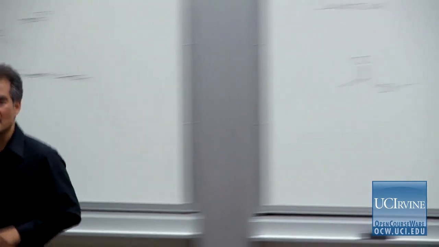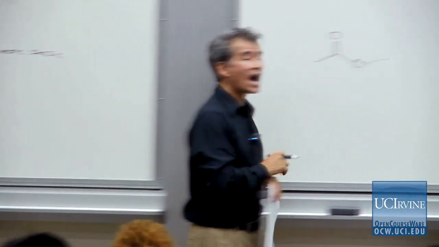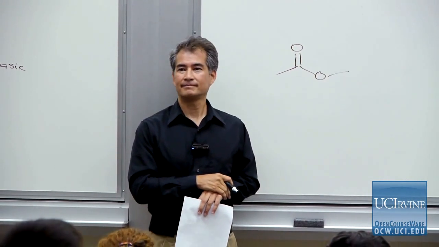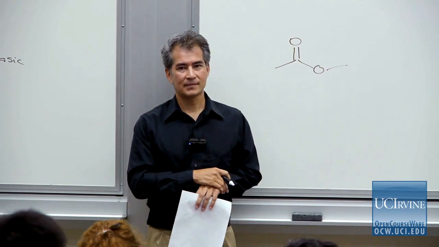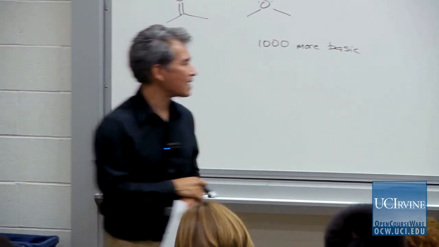I've got two oxygen atoms here. I've got a carbonyl oxygen on top and a carboxyl oxygen on the bottom. Top and bottom, which oxygen atom is more basic? The top one. We mentioned this yesterday in discussion section. The top atom is more basic.